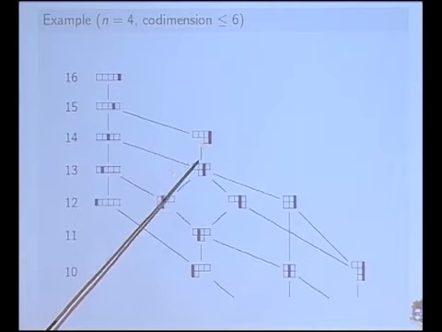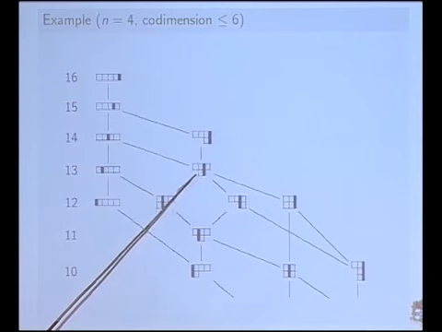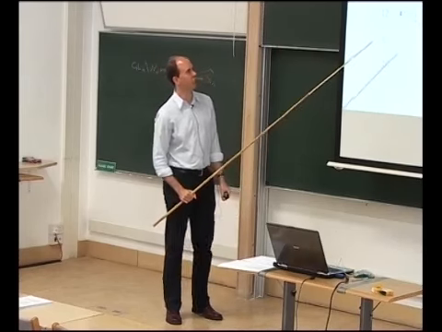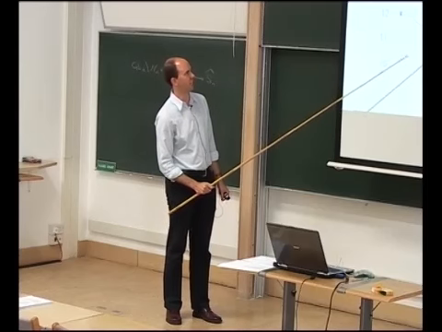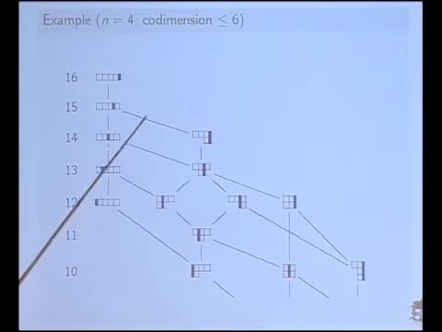And all you do when you have a covering relation in this is that one box moves in the same row from the left-hand side of the wall to the right-hand side of the wall. So here, a box has moved from the left-hand side to the right-hand side in the first row. In this covering relation here, a box has moved from the left-hand side to the right-hand side in the second row. So those are the sorts of covering relations which don't change the type of the nilpotent.